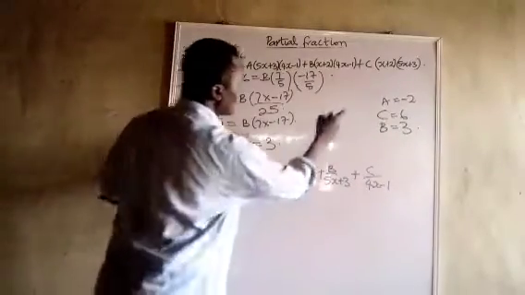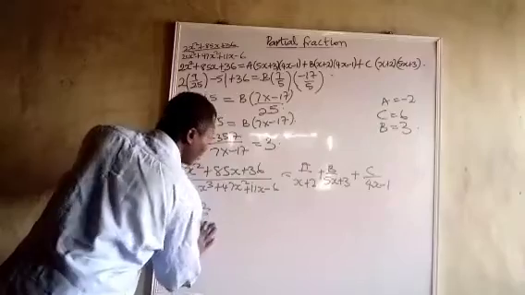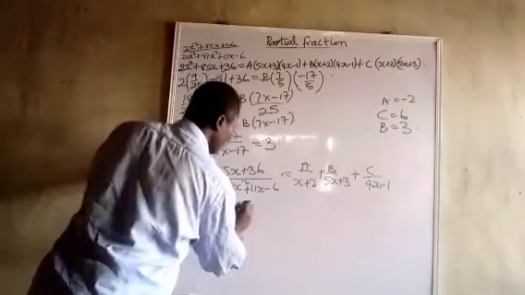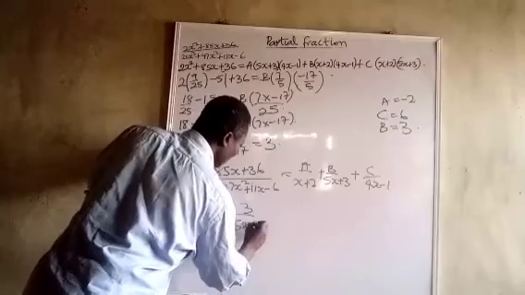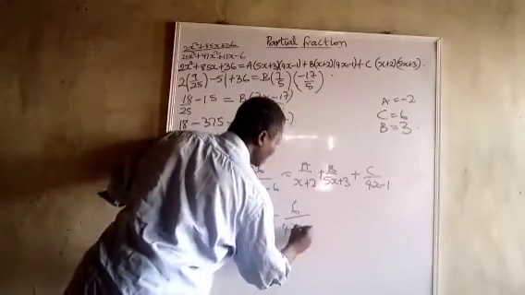And our a is minus 2. That is minus 2 over x plus 2 plus 3 over 5x plus 3 plus 6 over 4x minus 1.